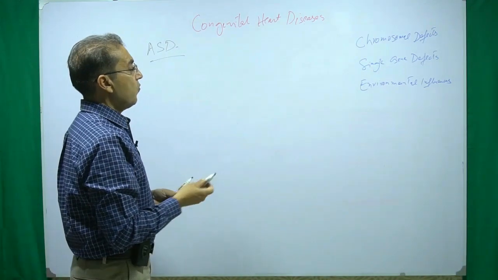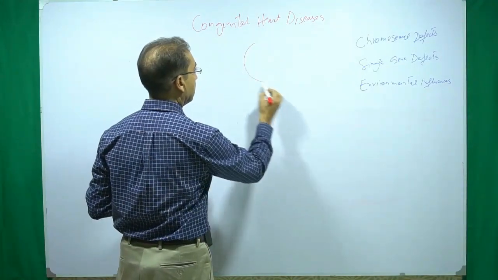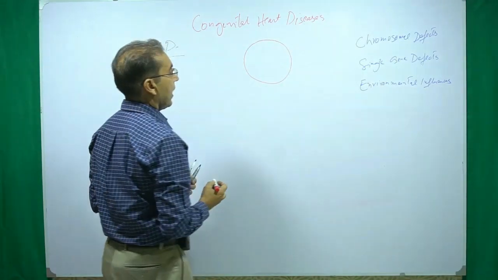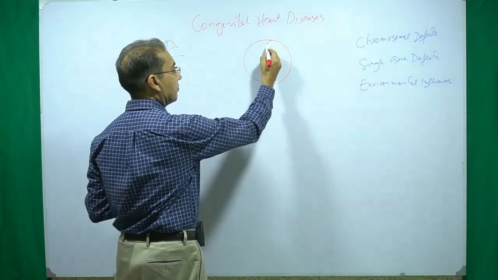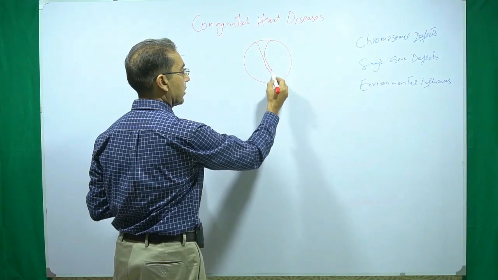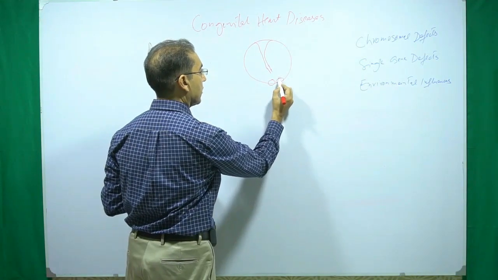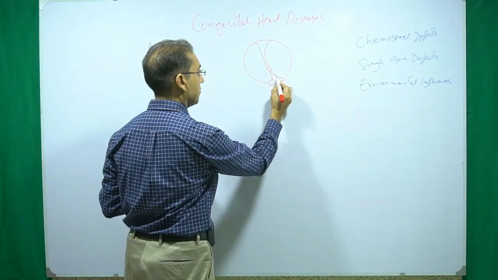You see, during development there is a single atrium and then a septum grows. This is called septum primum. It grows downward and the lower portion is completed by the endocardial cushions. They grow upward and then they fuse.